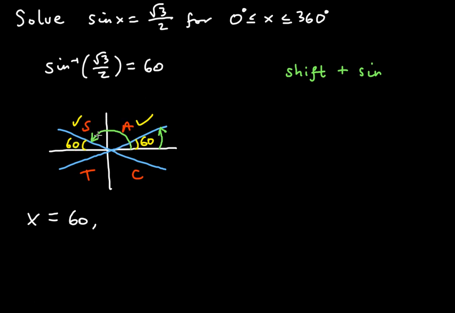So up to here, it would just be 180 minus 60. So that's the second solution. And that gives 120 degrees. So the solutions are 60 degrees and 120 degrees.